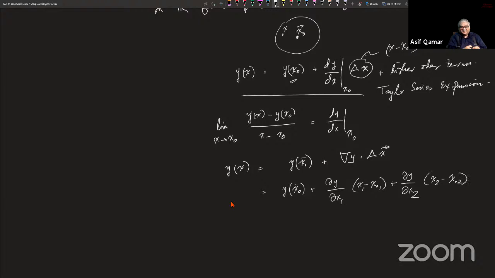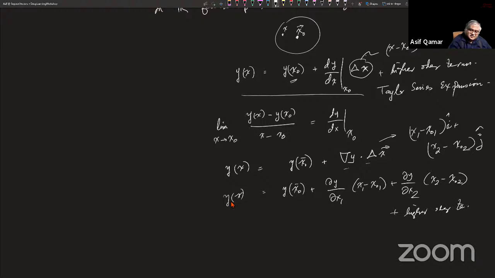In terms of basis vectors, you would write it like this, with i and j. And so you're just taking the dot product of the derivatives. This is the basic expansion plus higher order terms.